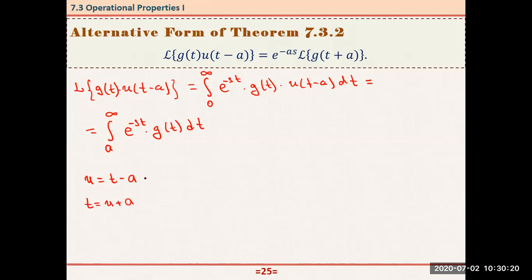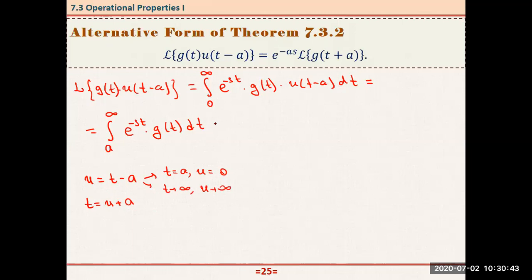And when t equals a, u will be equal to 0. And when t goes to positive infinity, u also goes to positive infinity.